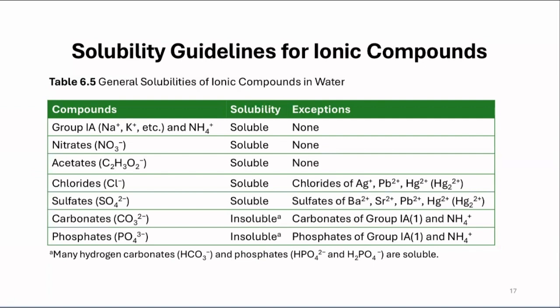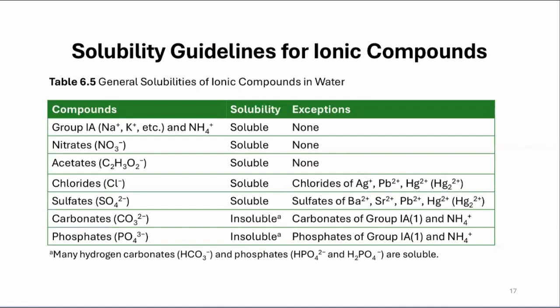Next, we have the chlorides. Chlorides will also be soluble in water, but when we have chlorides paired with the cations silver, lead 2, mercury 2, or mercury 1, then the chlorides become insoluble.